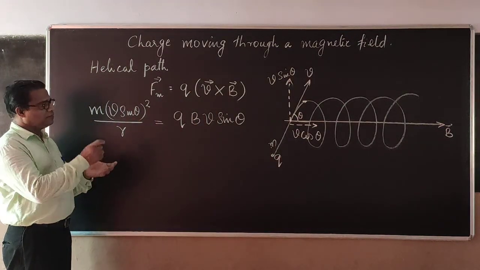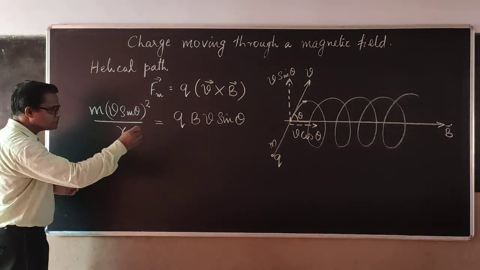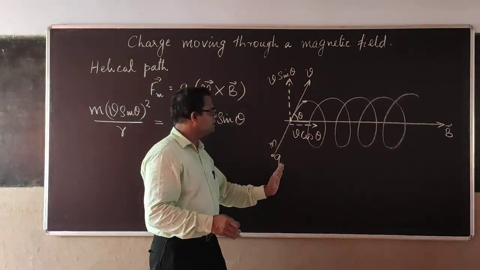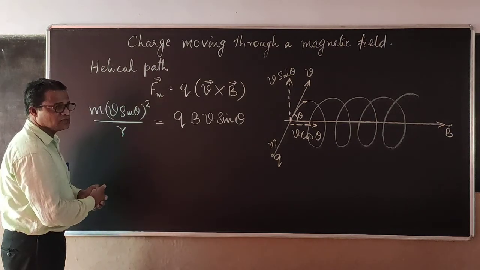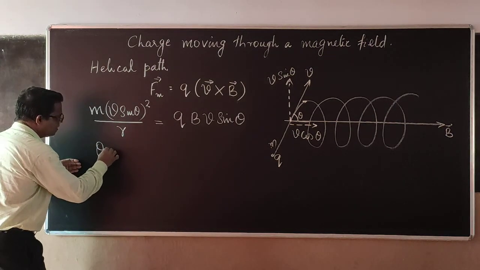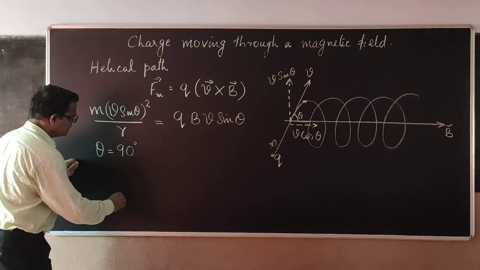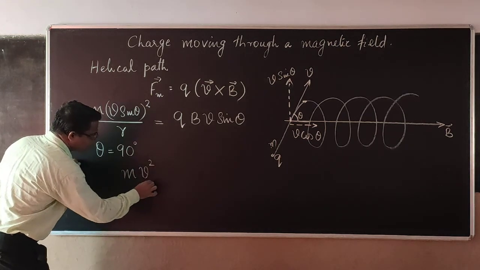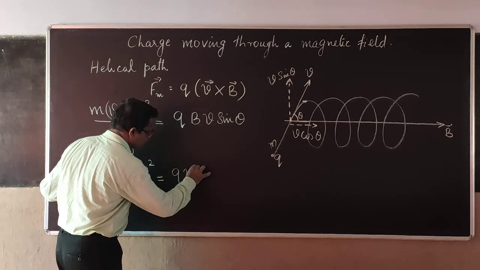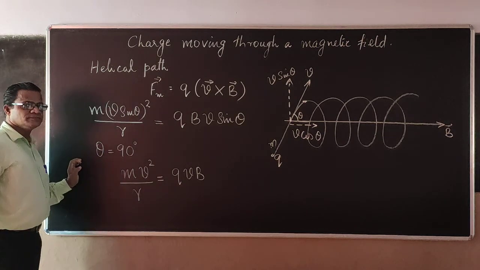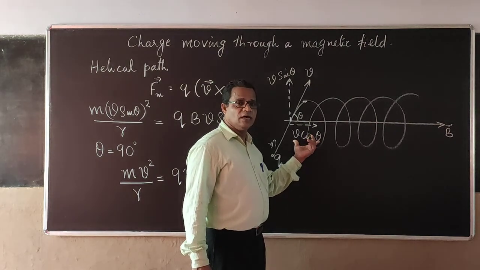Now we apply a special case over here. Suppose the particle is entering perpendicular to the field. What happens is that theta becomes 90 degrees, and therefore the formula becomes mv square by r equal to Q into v into B. Now in this particular case, v cos theta becomes 0.